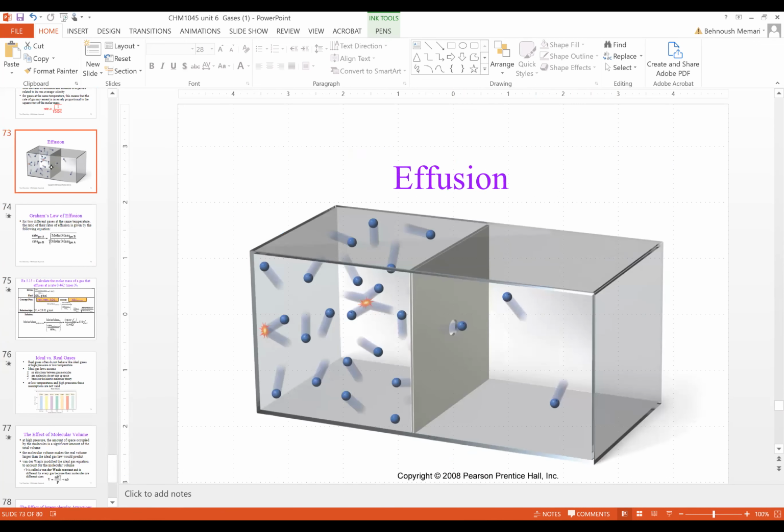This diagram shows the definition for effusion, because the molecules are going through a small opening or hole, and the smaller the molecule, the faster it can escape through that.